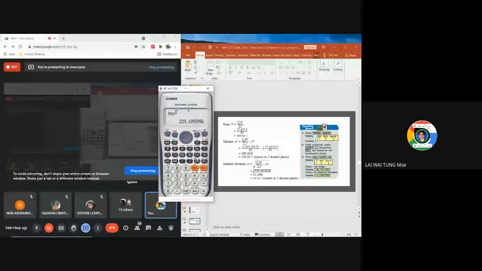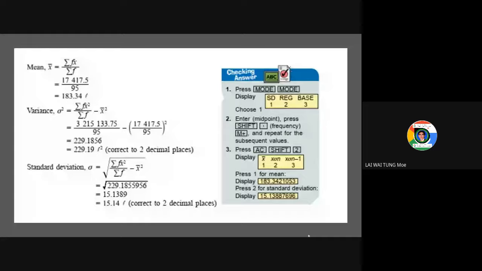I thought many of you will get this gray color or black color one. So that is how to use the calculator to check your answer for standard deviation, mean, variance, and also the sigma f and sigma x squared.